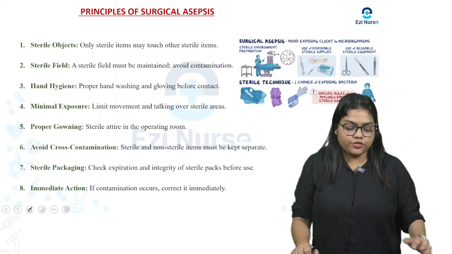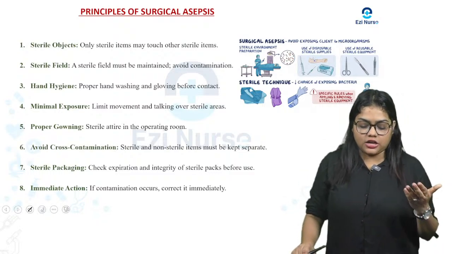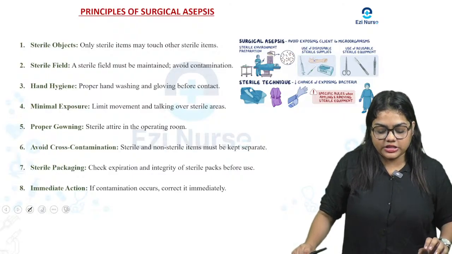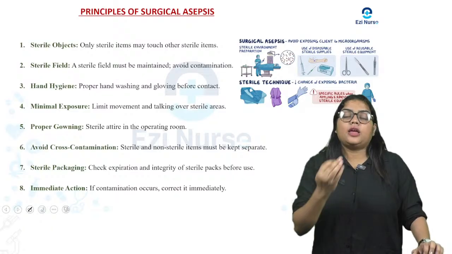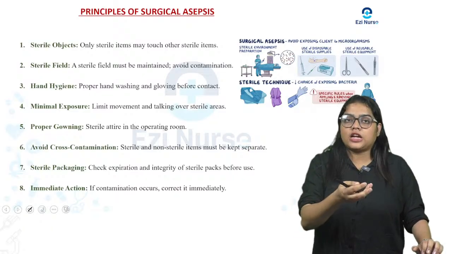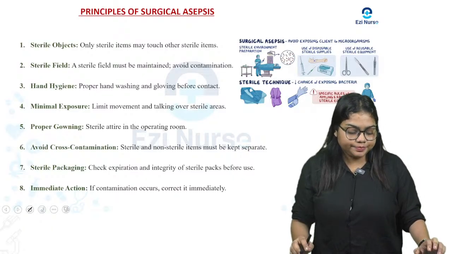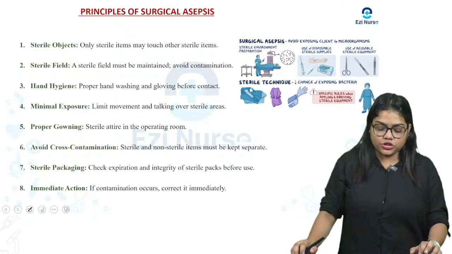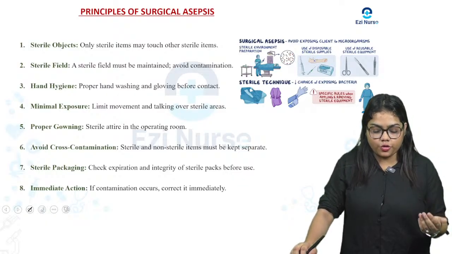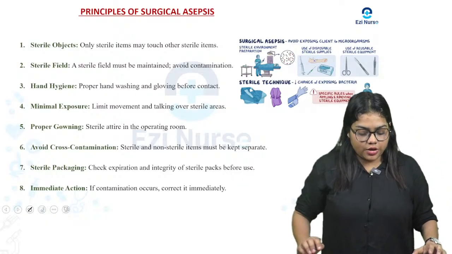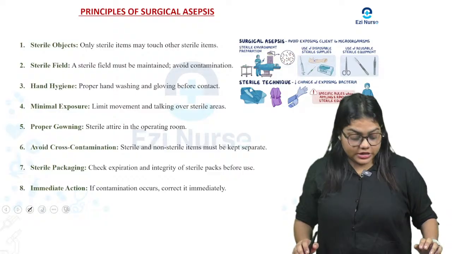Then hand hygiene: we have to maintain proper hand washing and gloving before contact. Then minimal exposure: limit movement and talking over the sterile area, because droplets from our mouth can come and contaminate the area. Then proper gowning, like sterile attire in the operating room.